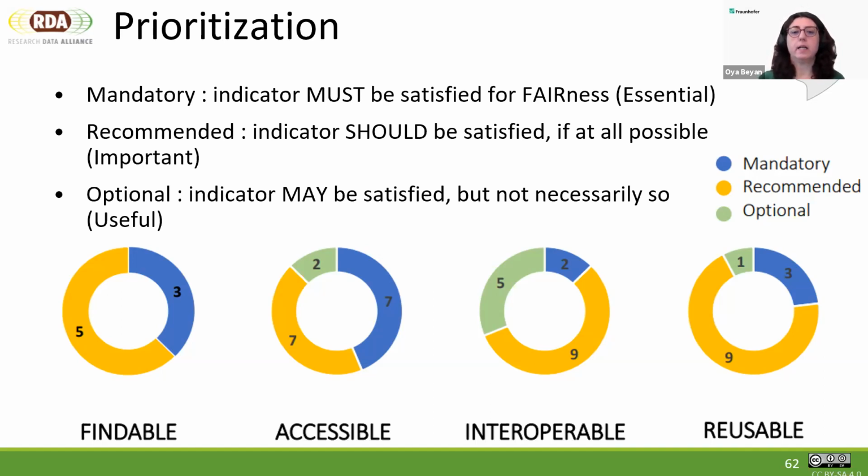Here, the mandatory ones are findable and accessible, and you will only see very limited indicators mandatory for interoperable. This shows the difference in perception between different domains, and RDA also encourages different domain areas to set their own prioritizations. Next slide, please.